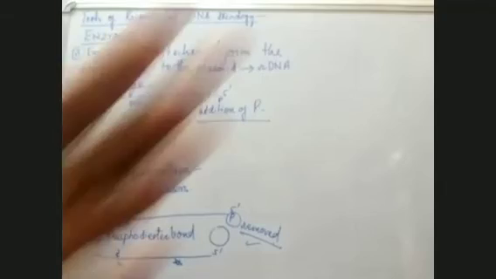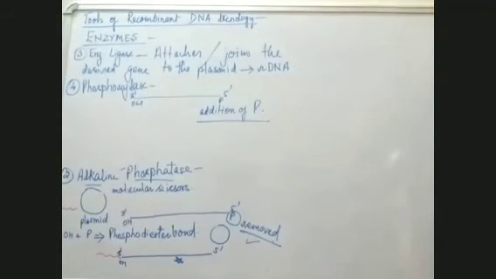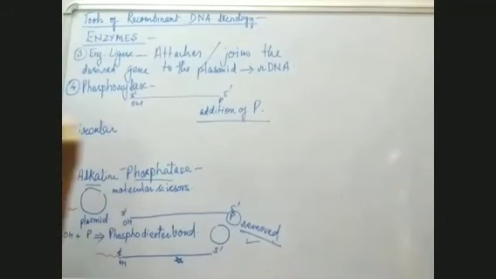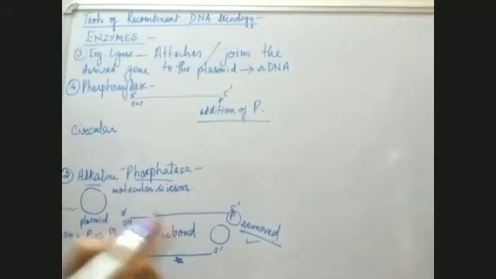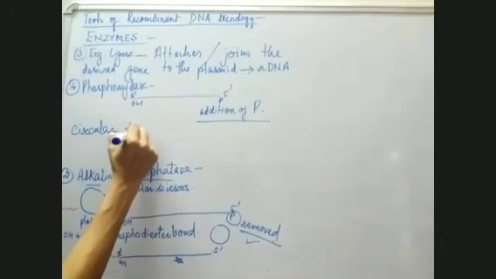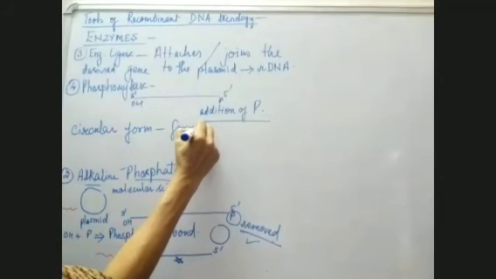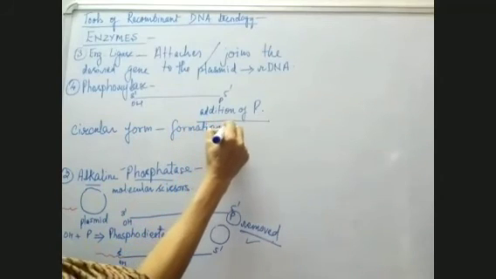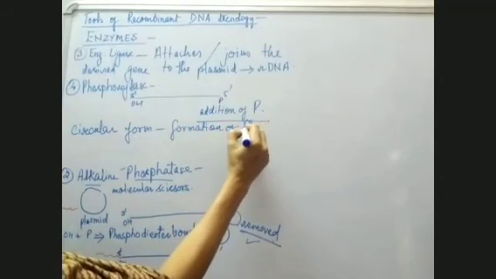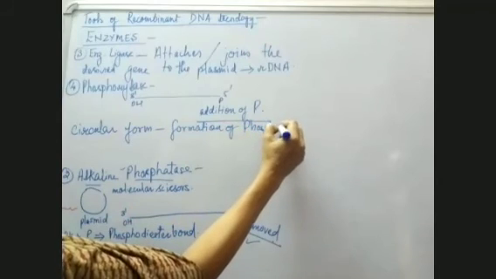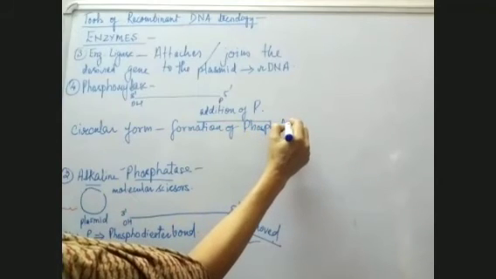So for the formation of circular form, there should be formation of phosphodiester bond.